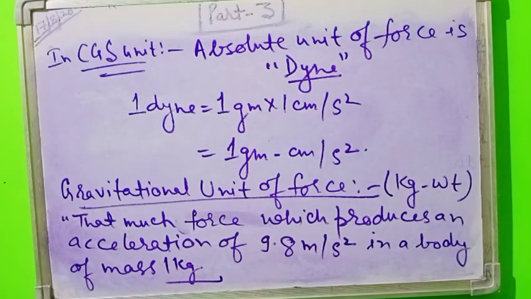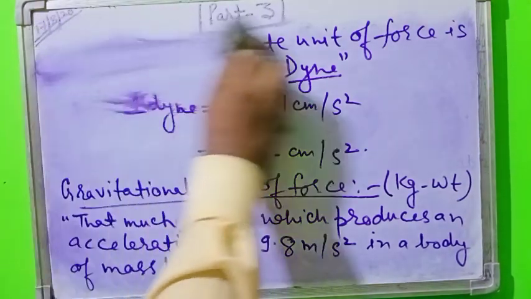If a body of mass 1 kg produces an acceleration of 9.8 meter per second square, then it is called the gravitational unit of force.